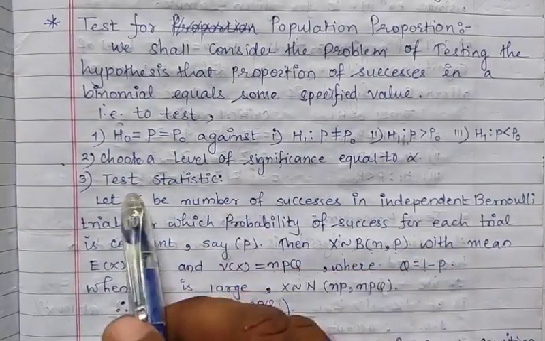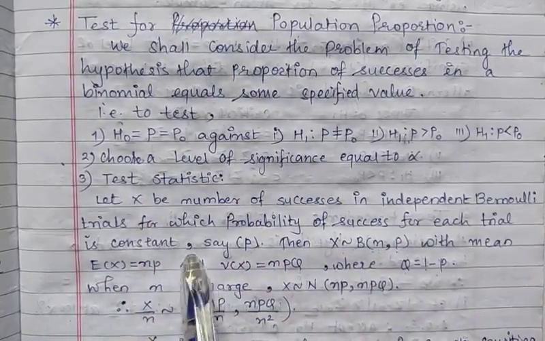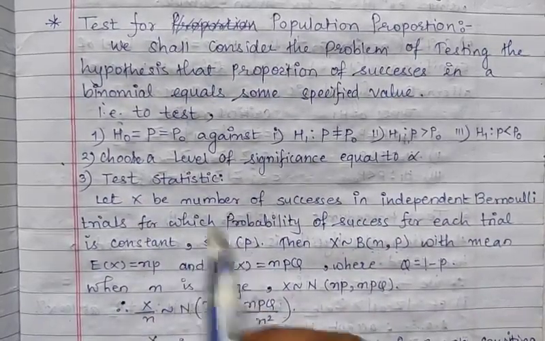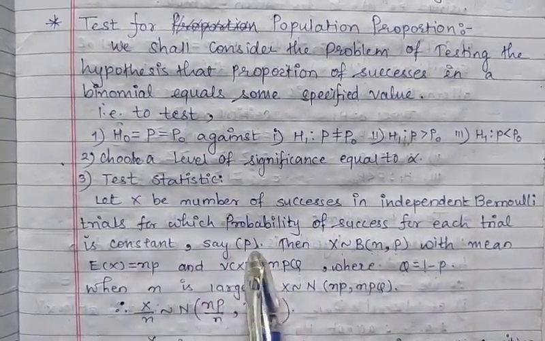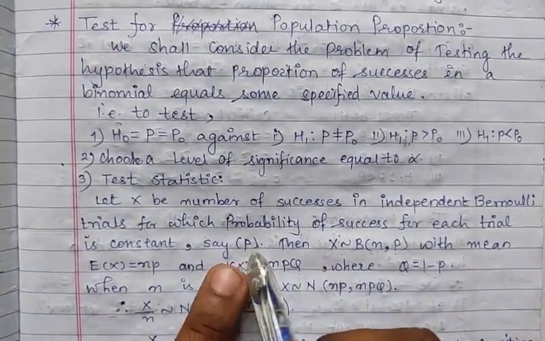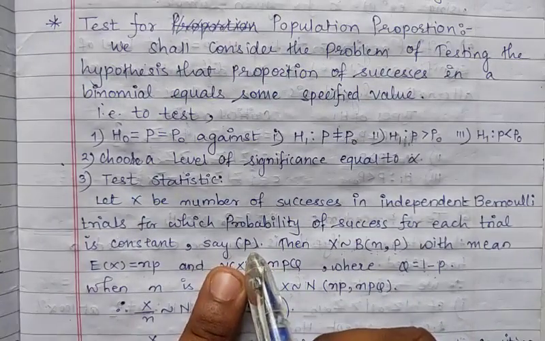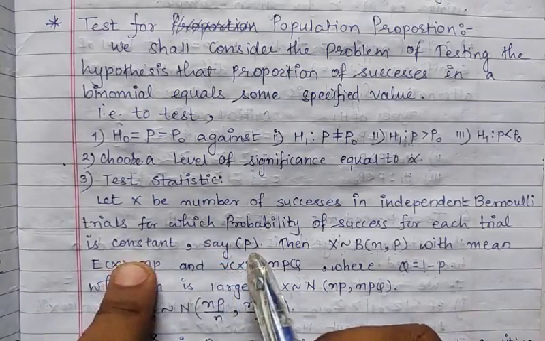Next, its test statistic. P is the proportion x upon n, where P is the probability of success for each trial, which is constant.